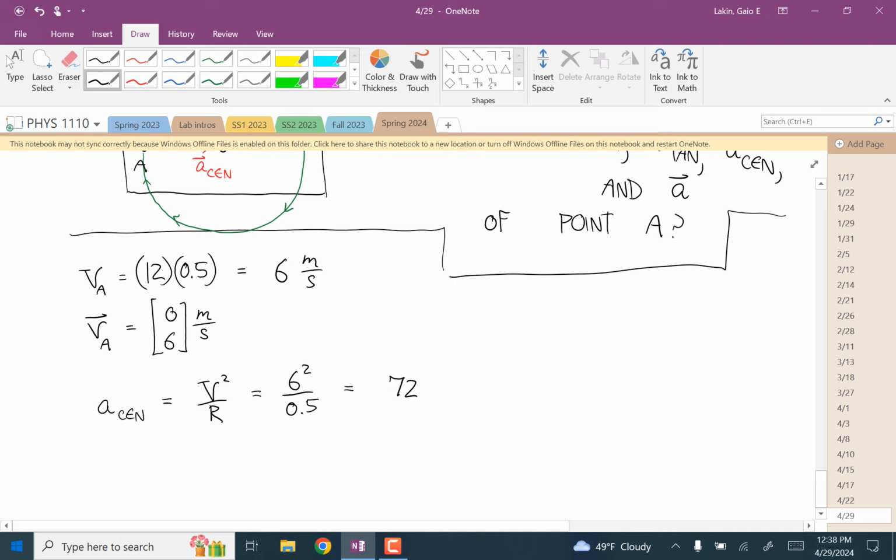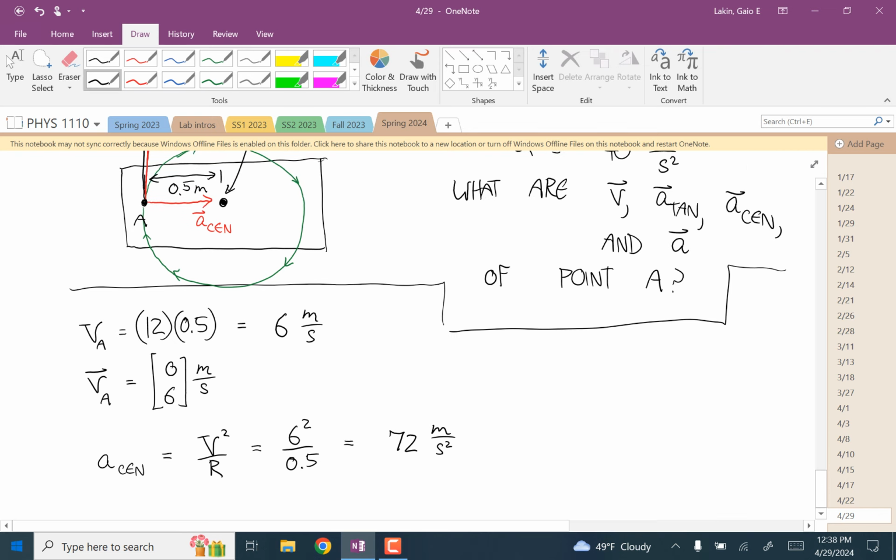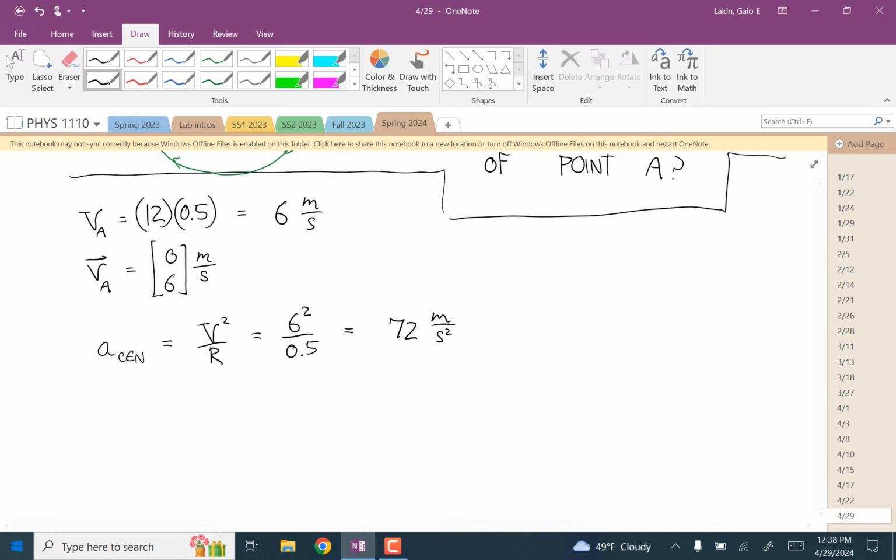And so that's 72 meters per second squared. We figured out from thinking about the circular motion that that's in the positive x direction. So the centripetal acceleration vector is 72, 0.